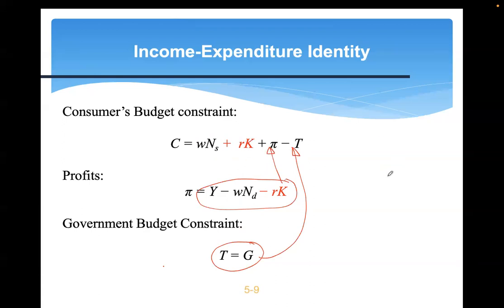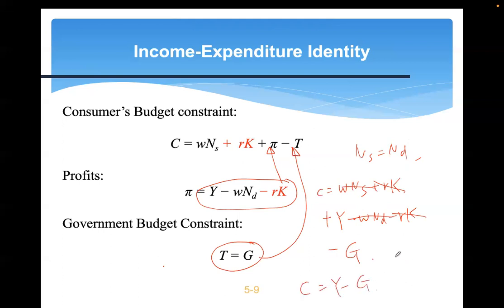I can write down everything explicitly: C equals W NS plus RK plus pi, where pi is Y minus W ND minus RK, minus G. These cancel each other. Now in equilibrium, NS is equal to ND, so these cancel with each other. You end up with C equals Y minus G. But that immediately means Y equals C plus G. This is how we end up with it.